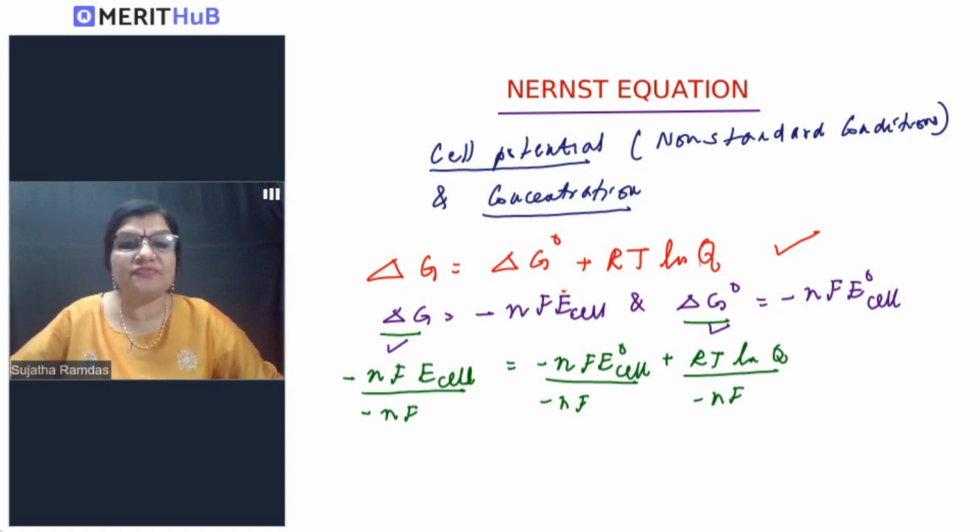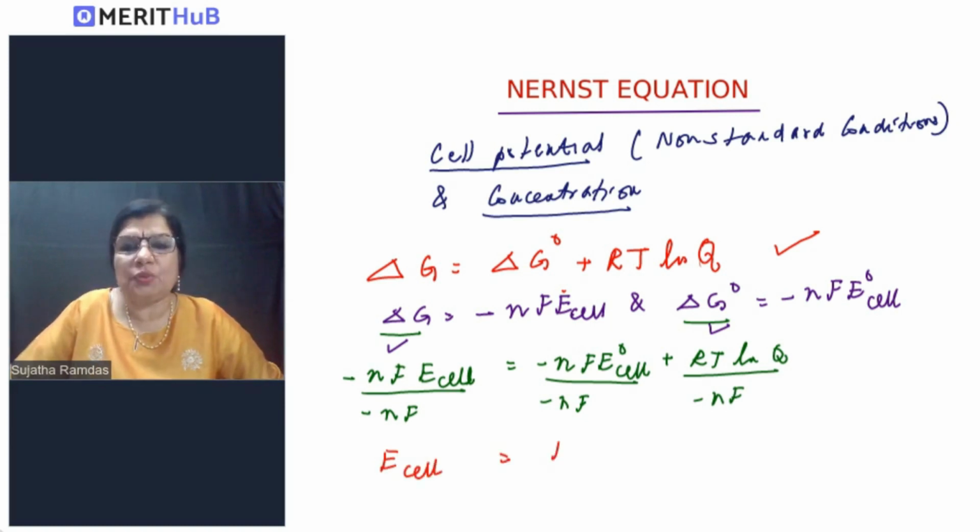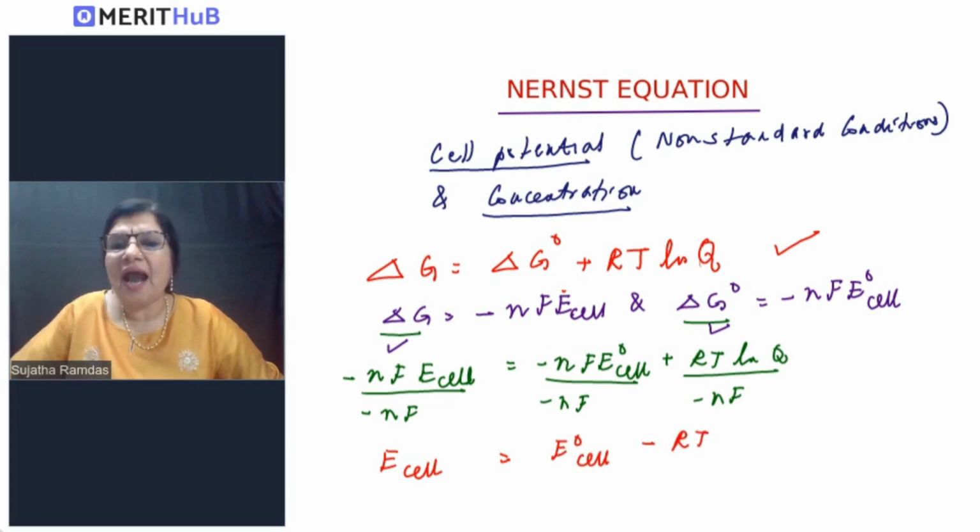What is the outcome of that? Now you get E cell is equal to E naught cell minus RT by nF ln Q.